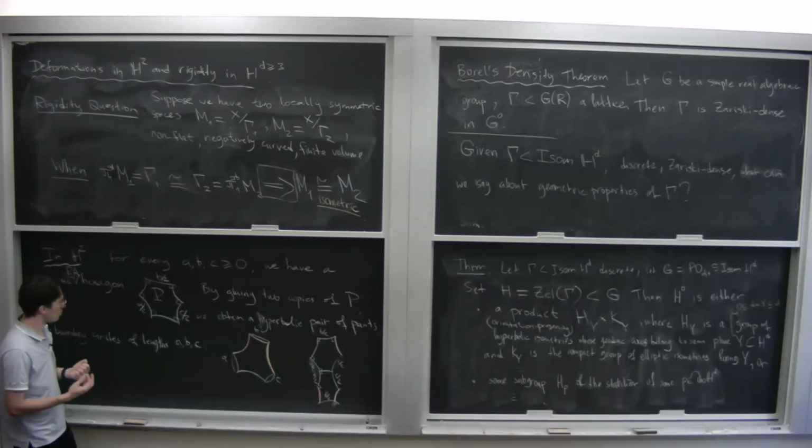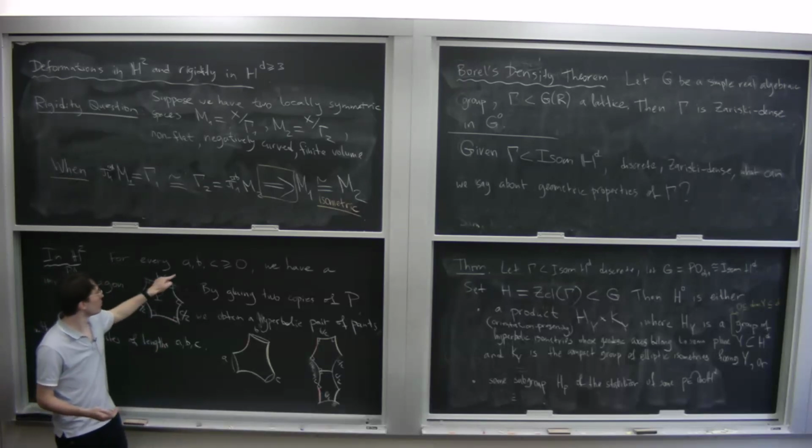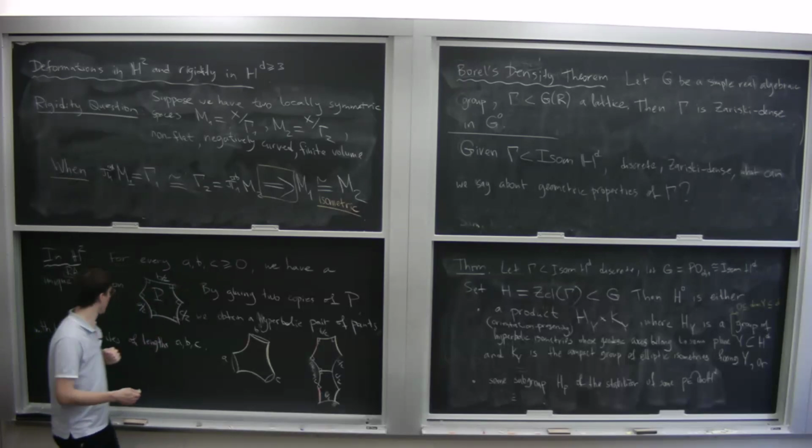So there is this space of deformations, right? I will get topologically the same object, but I will change its geometry.